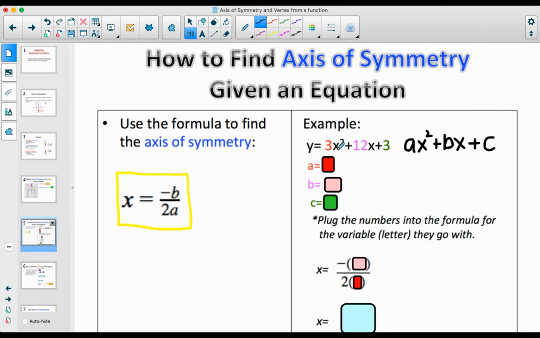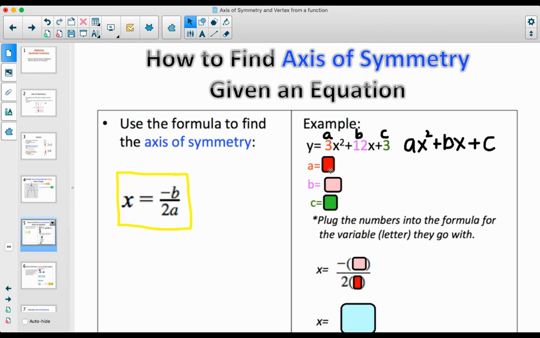If you look in the example here, we have 3x squared plus 12x plus 3. So this would be our a, this would be our b, and this would be our c, right? A, the number, is always with x squared. B is the number with just the variable x. And then c is the number that's by itself.